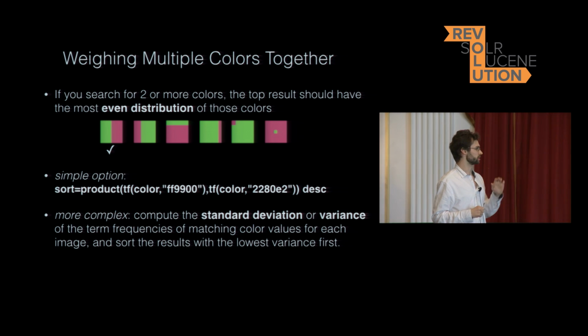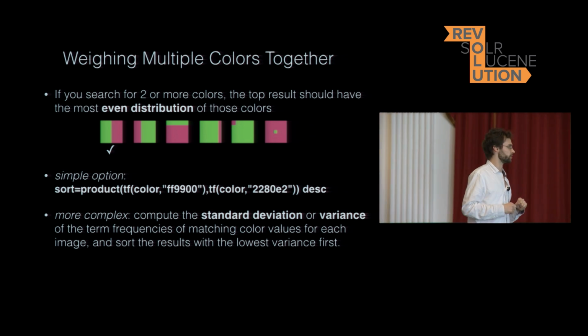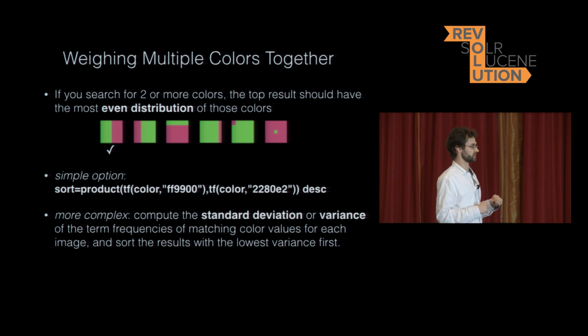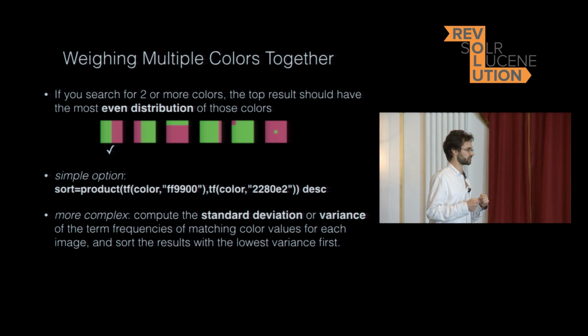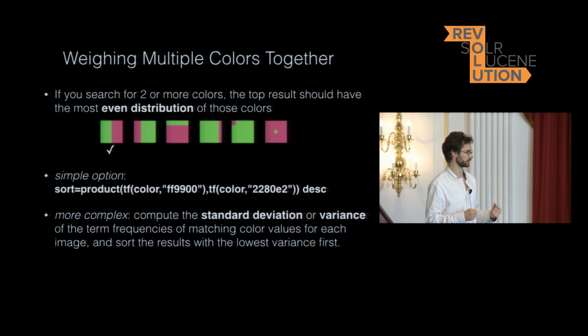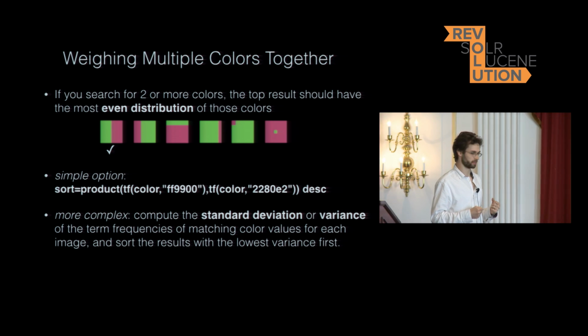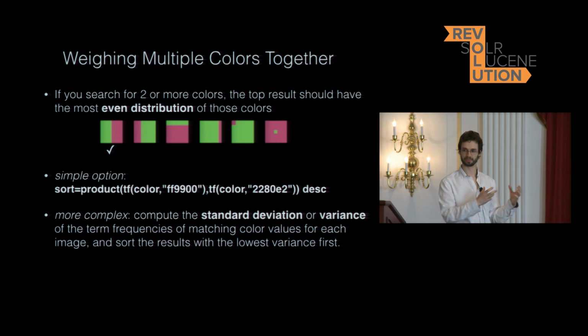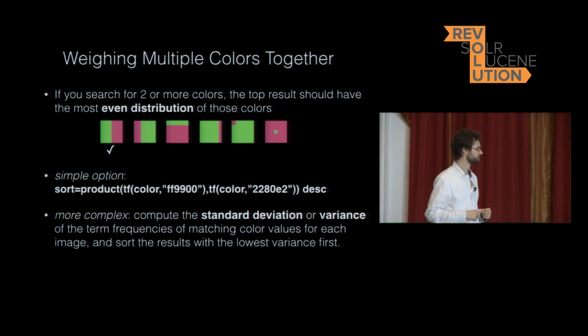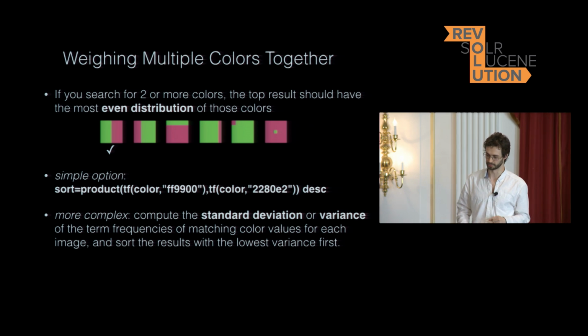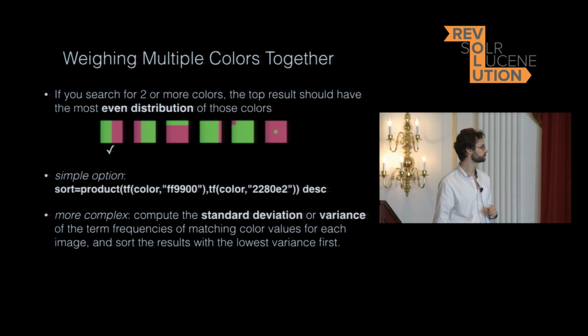If you want to go crazy, there's a more complex solution you can do, which involves computing the standard deviation or variance of the term frequencies of the matching colors, and then sort by results with the lowest variance. It's kind of a pain, though, because you have to build a whole equation for variance into your search query, but it's food for thought and probably an opportunity for further optimizations on this stuff.